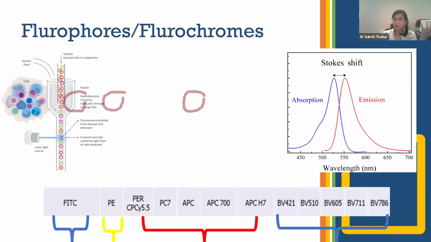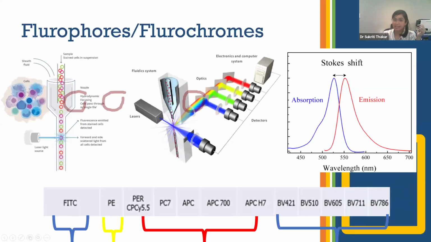Now, what are these fluorochromes or fluorophores? They are named on the basis of the emission spectrum they follow. As a cell passes, a specific wavelength of light falls on it. Once this light falls on the cell, this is called excitation.